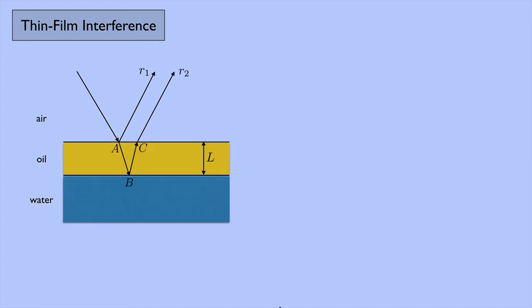Okay, let's put it all together. So imagine that we have air with an index of refraction 1, we have oil with an index of refraction 1.25, and then we have water which has an index of refraction of 1.33. So we see at A, there is a 180-degree phase change. We're going from, at this point right here, from n1 to n2.